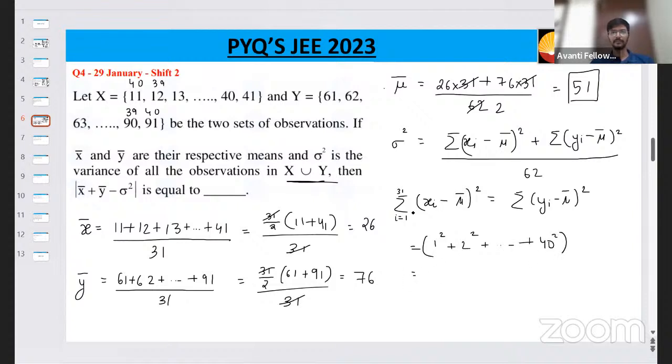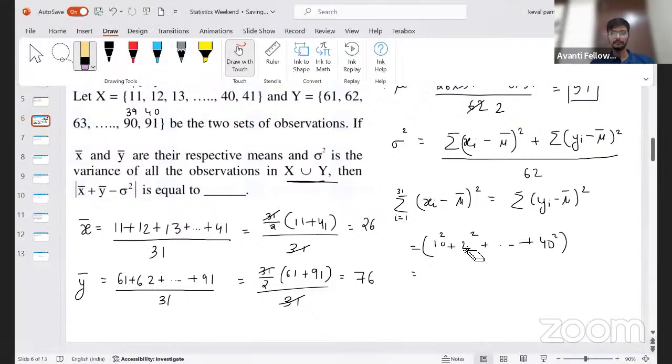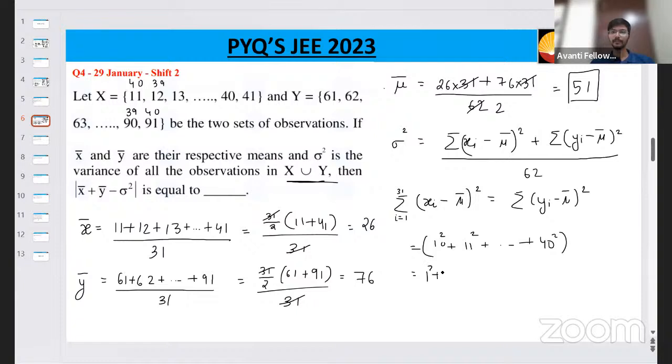How many numbers are there? There are total 40 numbers. Correct? We can write it as 1 square plus 2 square up to 40 square minus 1 square plus 2 square up to 10 square.